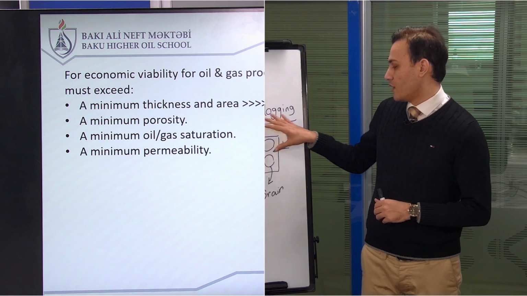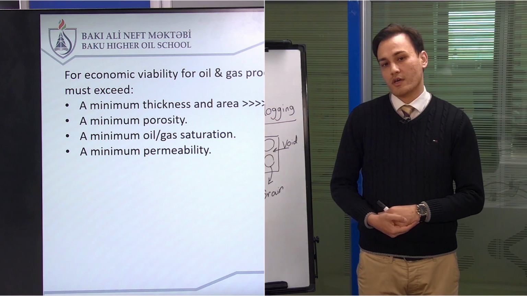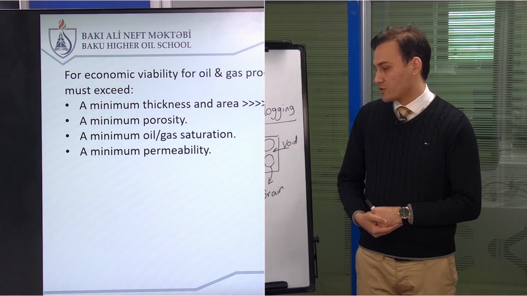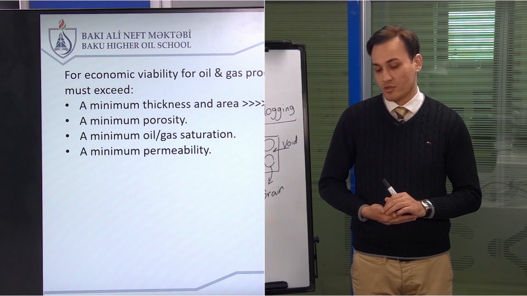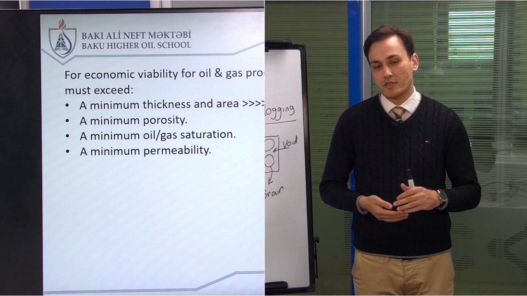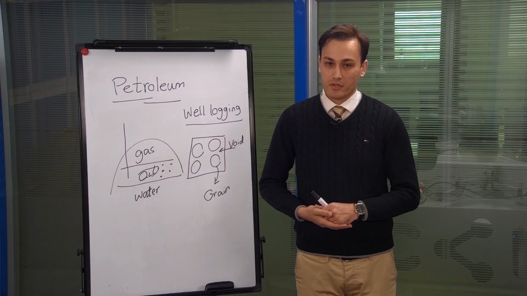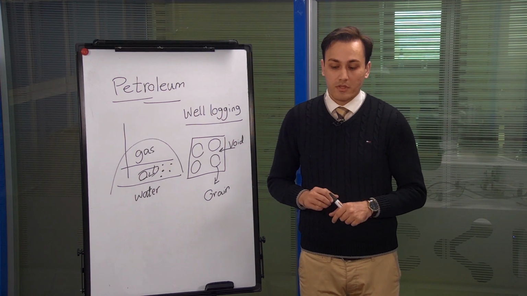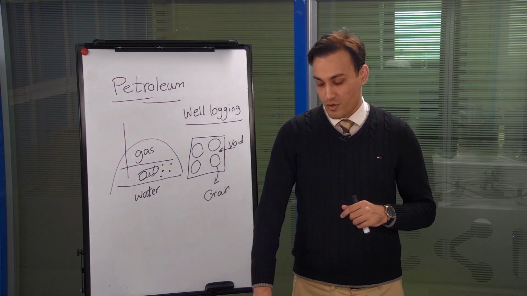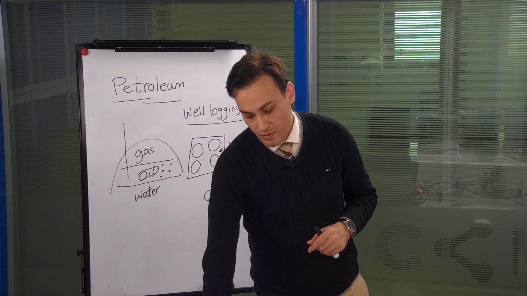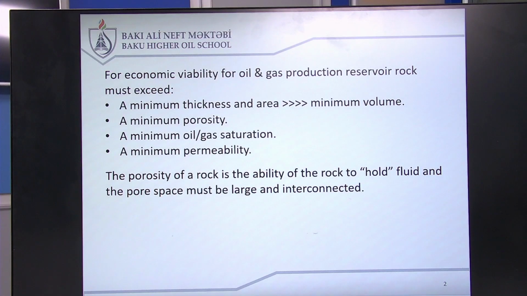Of course, the volume of this altogether is very much dependent on the thickness. So thickness, porosity, saturation, and permeability are very important parameters that we need for having an economically viable reservoir rock.